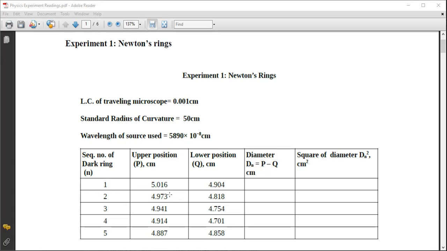You will write down whatever you have understood from the experiment, and you will write the result and conclusion. Then take a photo of it through your phone and make a single PDF for all the documents. Make sure that before you take the photograph, you write your name on the hard copy so that your name appears in the PDF. Okay.